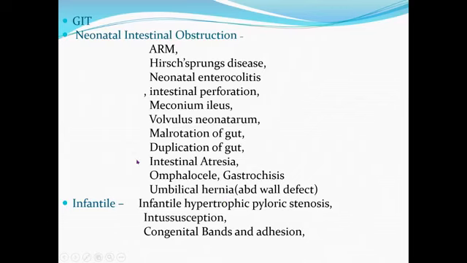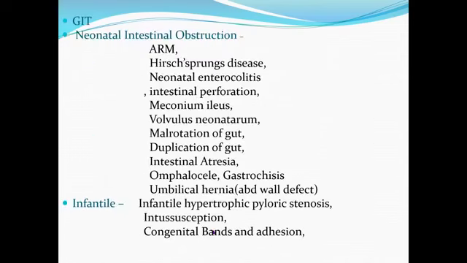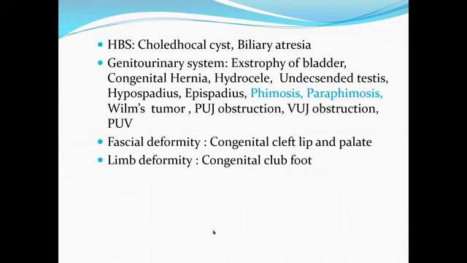Others concern infantile intestinal obstruction: infantile hypertrophic pyloric stenosis, intussusception, congenital bands and adhesion. So these are related with the gastrointestinal tract. In the hepatobiliary system, there are choledochal cyst and biliary atresia.